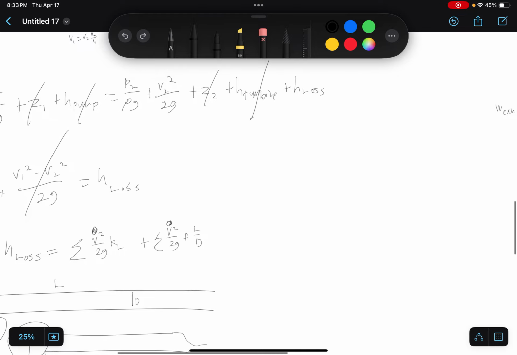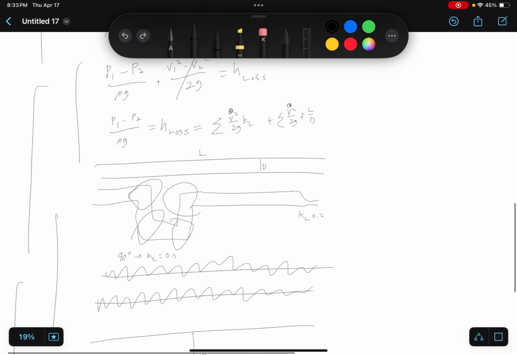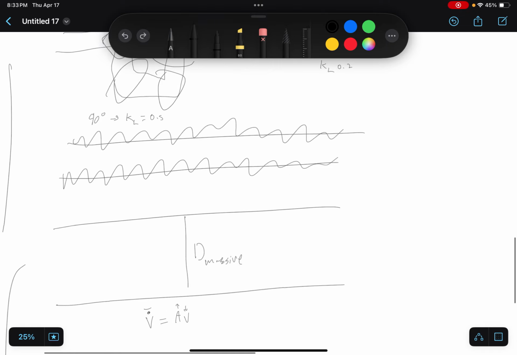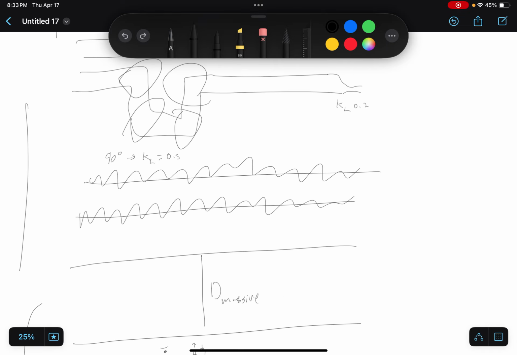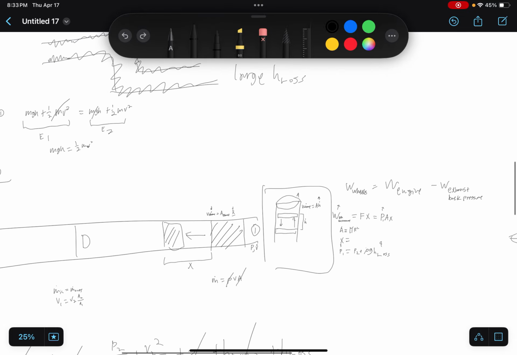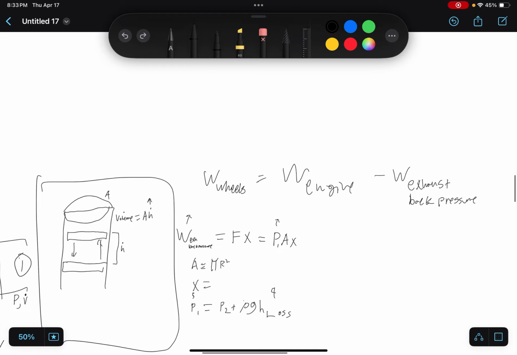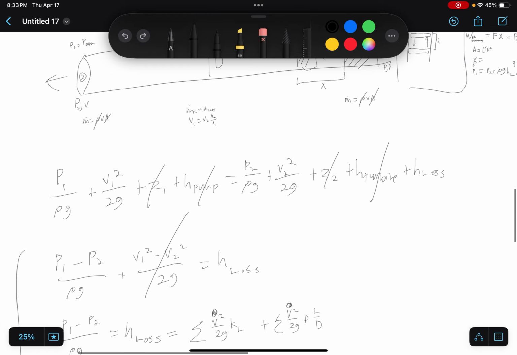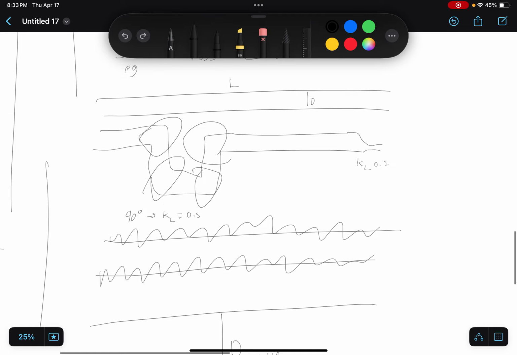So in summary, a bigger diameter exhaust is good. It means lower back pressure, which means lower energy from the engine is lost to pumping fluid out of the exhaust. Less friction is good.